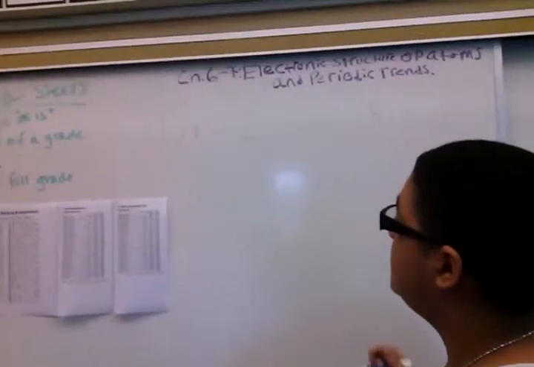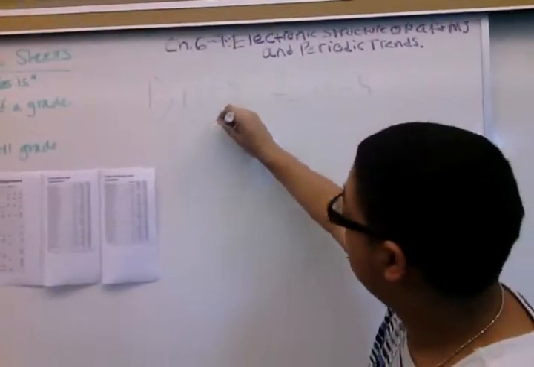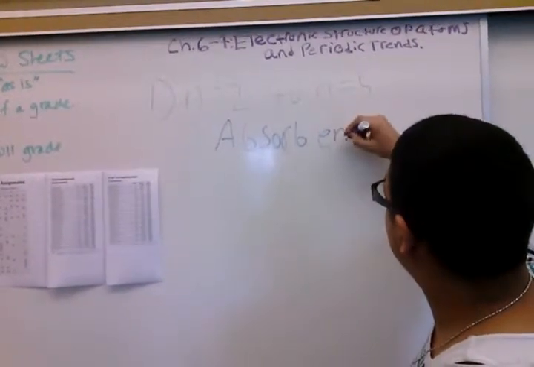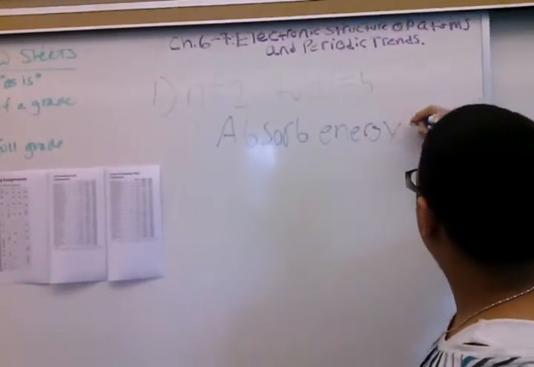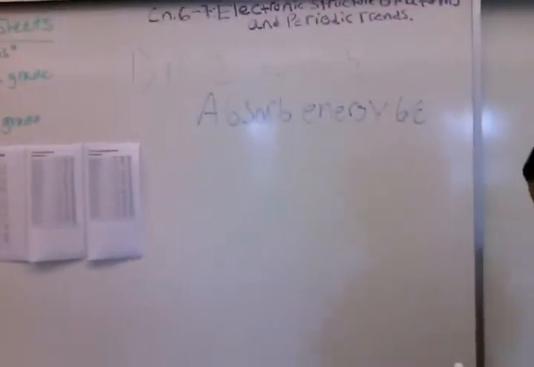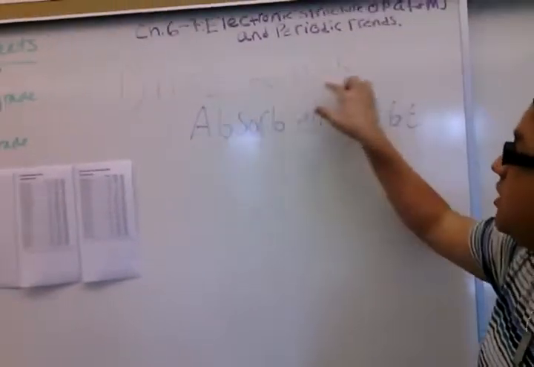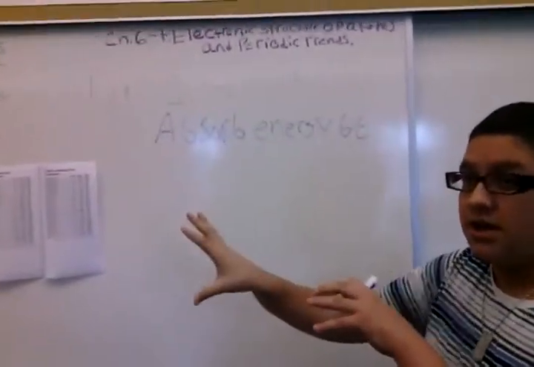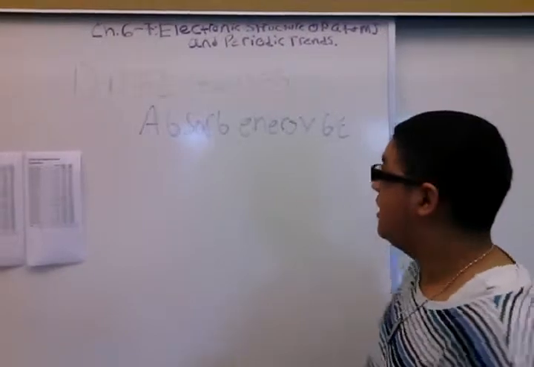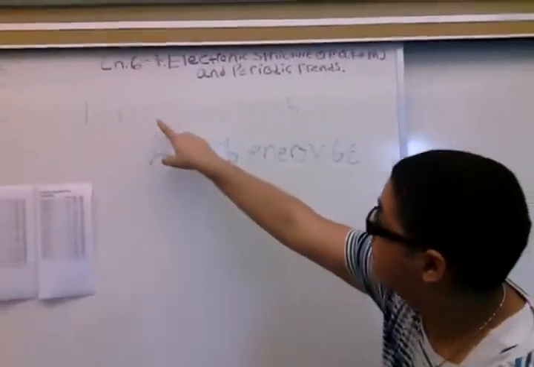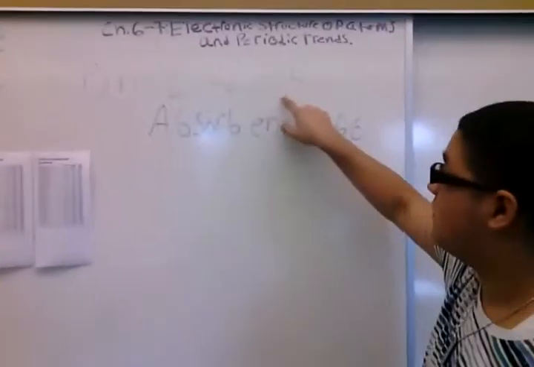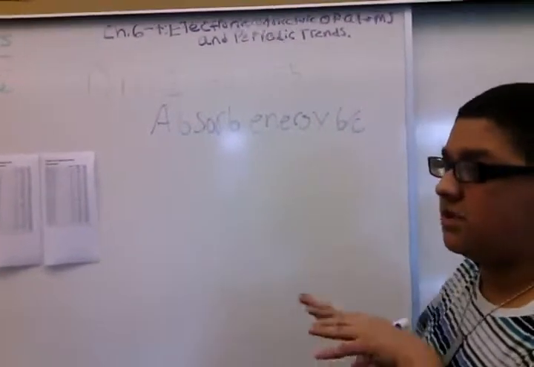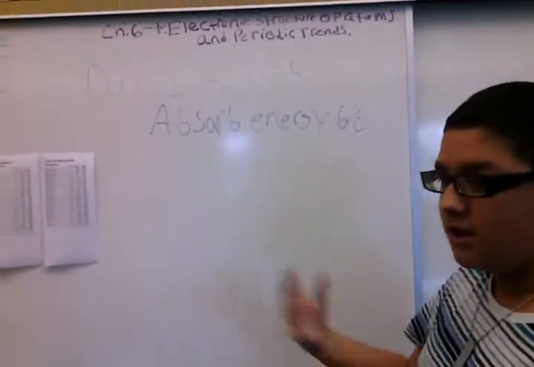It needs to absorb energy, because when it goes up, it's absorbing energy, and when it goes back down it exerts the photons, which is the light that we see. So going from n equals 2 to n equals 5 requires absorbing energy, because when it comes back down, that's when it's exerted, and that's the light that it exhibits.